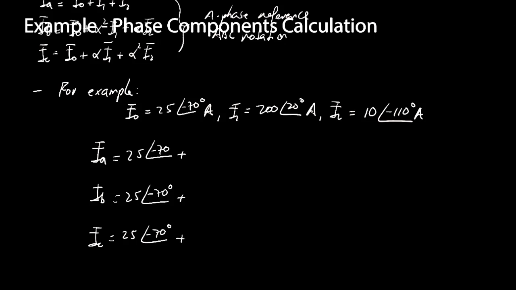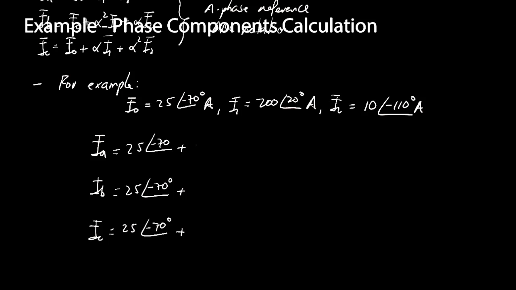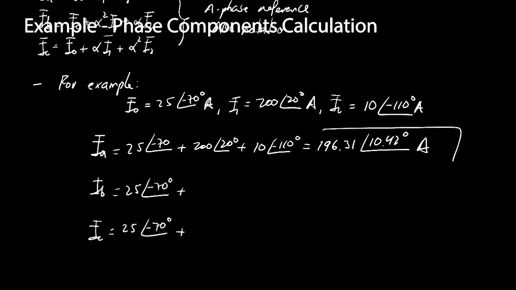Now for the A phase current, we have I0 plus I1 plus I2. So let me go ahead and plug in those. I1 is 200 at 20, and I2 is 10 at minus 110. And if we calculate this with our calculator, we get that the A phase current is equal to 196.31 at an angle of 10.42 degrees. So this is our result for the A phase.